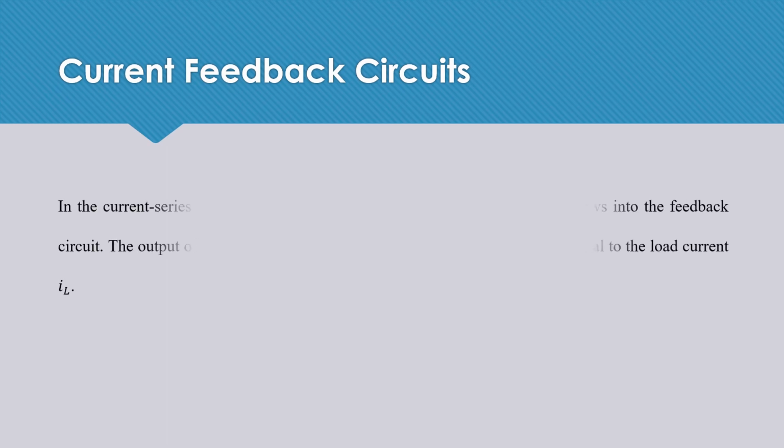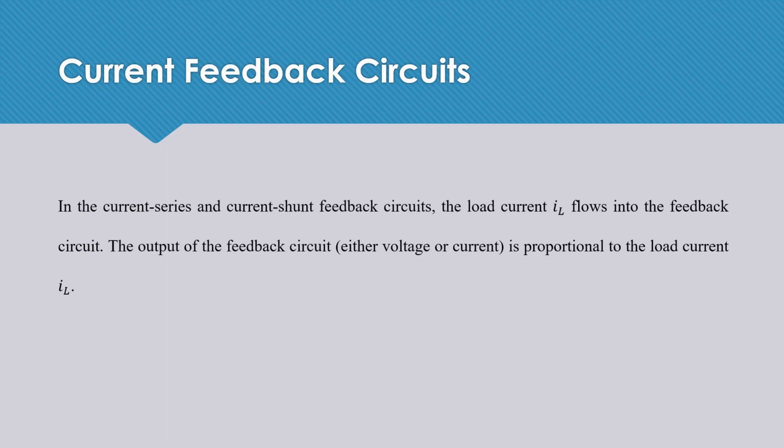Next we are talking of current feedback circuits. In current series and current shunt feedback circuits, the load current IL flows into the feedback circuit. The output of the feedback circuit, either voltage or current, is proportional to the load current.